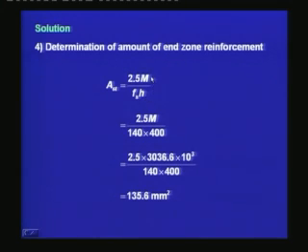M we have just calculated, which is 3036.6 times 10 to the power 3 to make it into newtons. Thus, once we substitute these values, we get AST is equal to 135.6 millimeter square. Thus, this is the minimum amount of end zone reinforcement that needs to be provided for this particular beam.